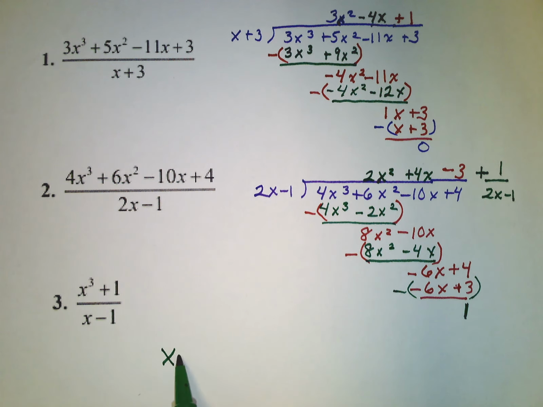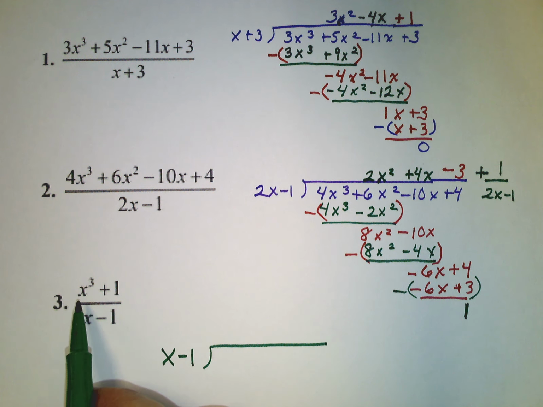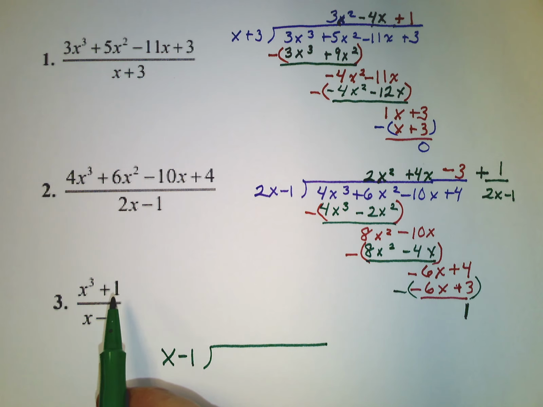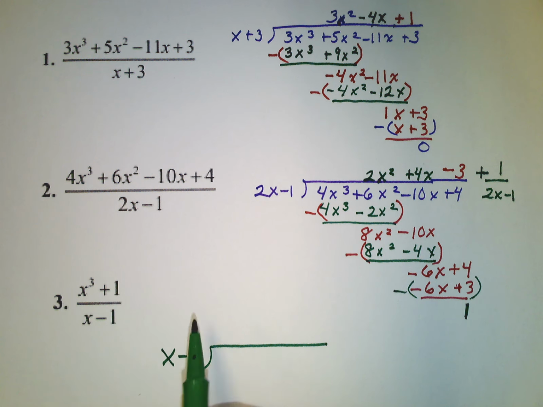We know the divisor is x minus 1. And it's in descending powers, but it looks like we've lost a couple of the powers here, which isn't good to lose your powers. So we've got an x cubed.